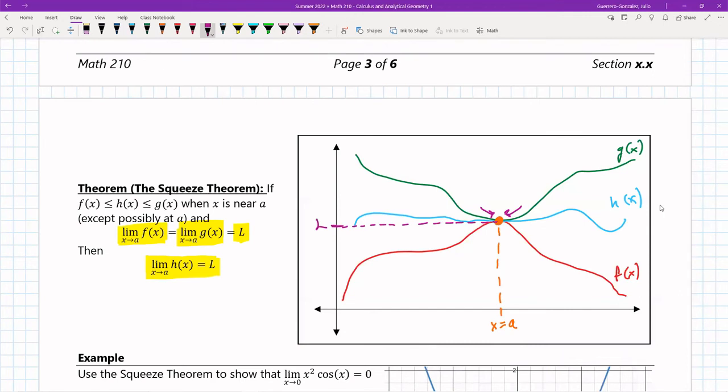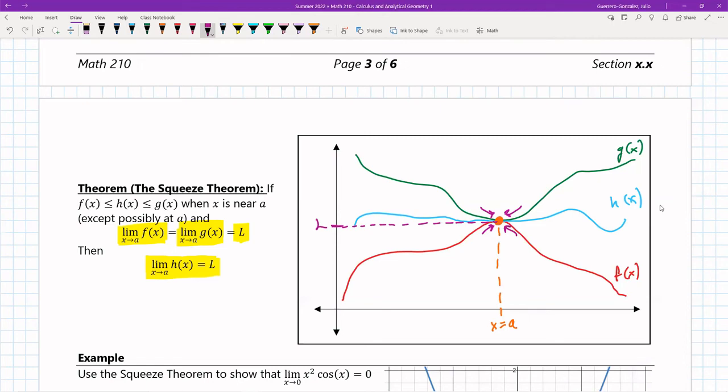And then same thing for f, that if I approach f from the positive and negative, that's also approaching L, okay? Then my h of x must follow suit. Essentially, like I said, we're squeezing the function h of x as x approaches a by using g of x from above, f of x from below, and they're approaching the exact same point. Hence the reason why we call it a squeeze theorem.